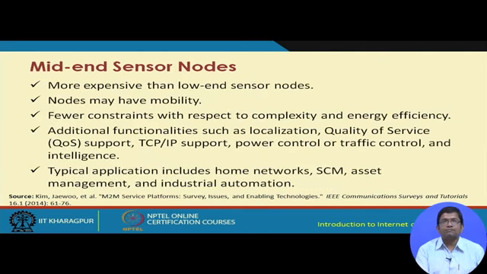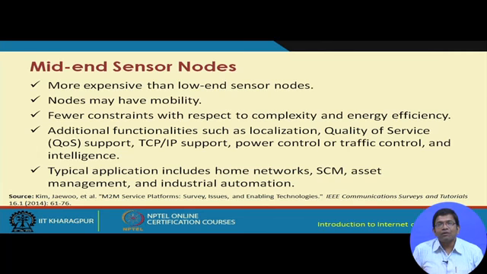Mid end sensor nodes are relatively more expensive than the low end sensor nodes, have some degree of mobility, have fewer constraints with respect to resource or computational complexities, energy efficiency and so on, and they support different functionalities.